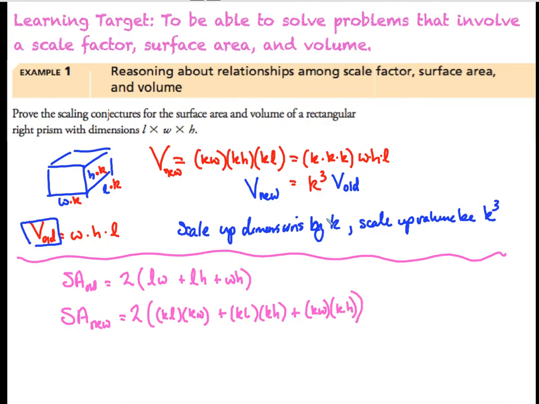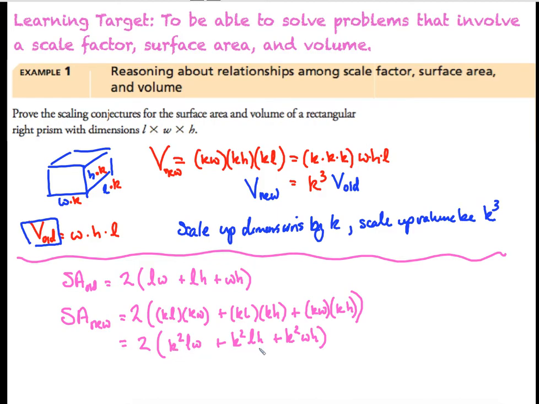So hopefully, similar to what we did up here, you're noticing that we have a K times K, and a K times K, and a K times K. If I clean that up a little bit, you'll notice that I actually have K squared LW plus K squared LH plus K squared WH.